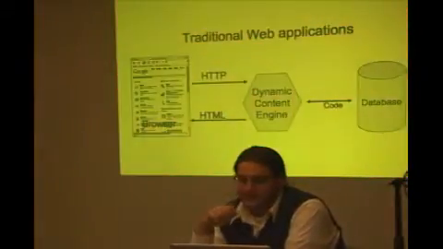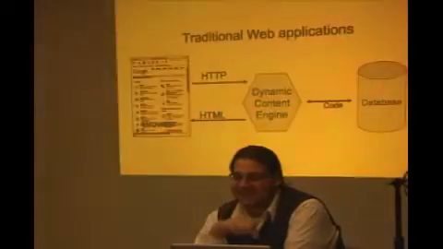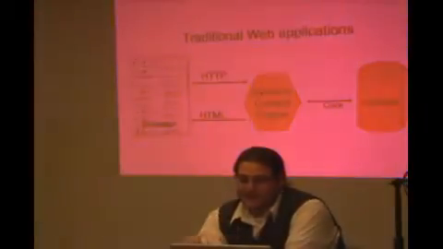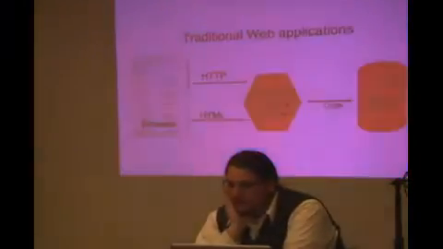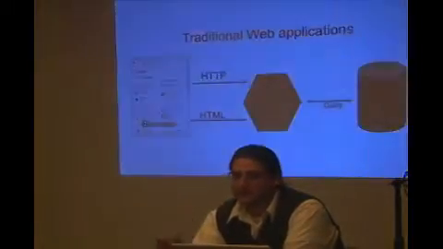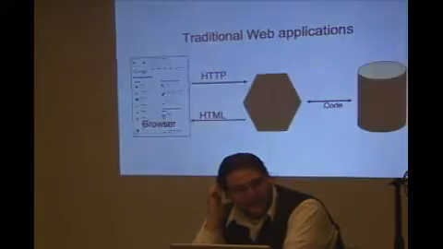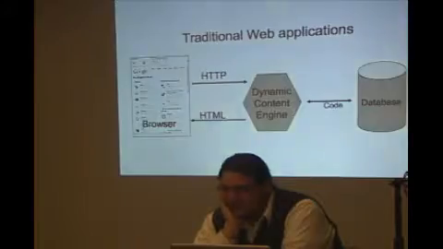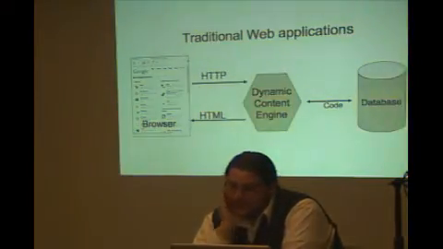You see that in the middle there, this dynamic content engine that's usually resting on a server. This content engine is asking a database to answer these questions. It's trying to come up with requests, trying to figure out what it is the user wants, grabbing that data from some type of database, and then mixing it up and throwing it back to the user in the form of HTML or pictures or other type of visual format.